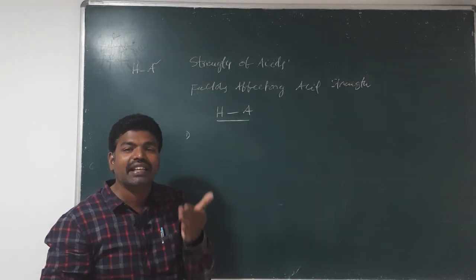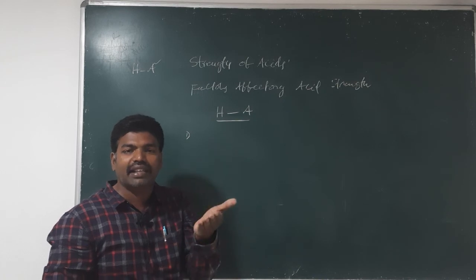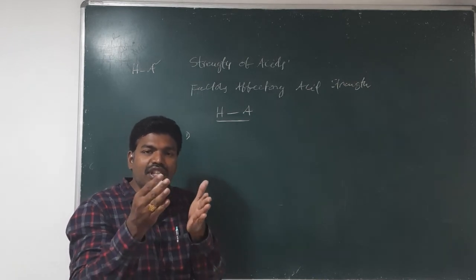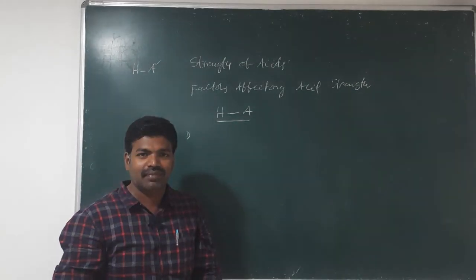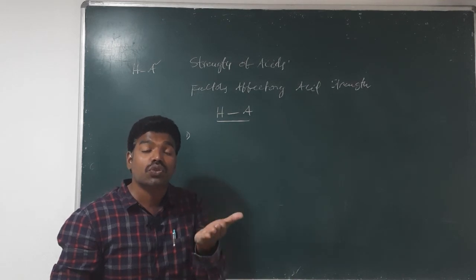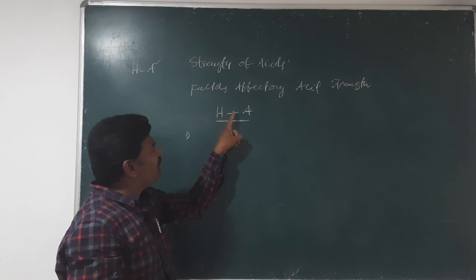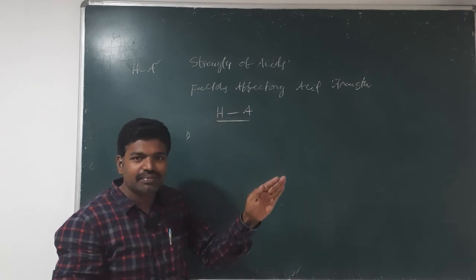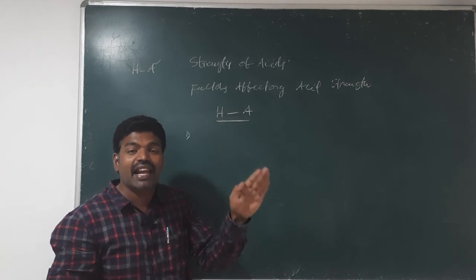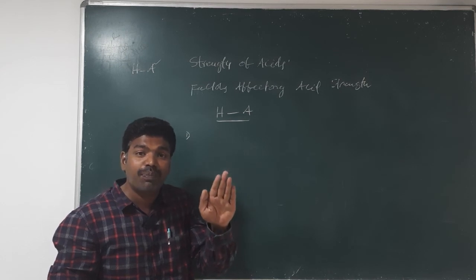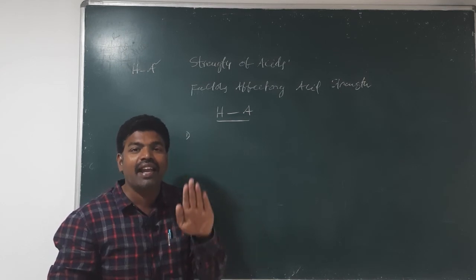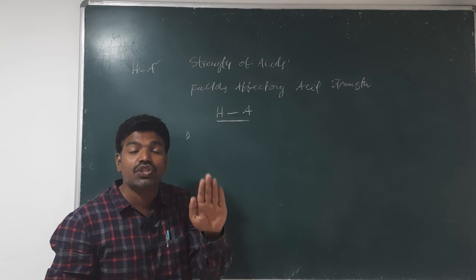That means it can give the proton easily, which means it is a stronger acid. So, when the strength of the bond decreases, the energy required to break the bond decreases, and that makes the acid strong.